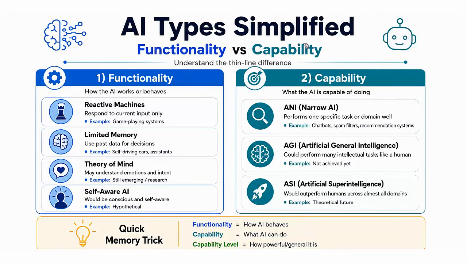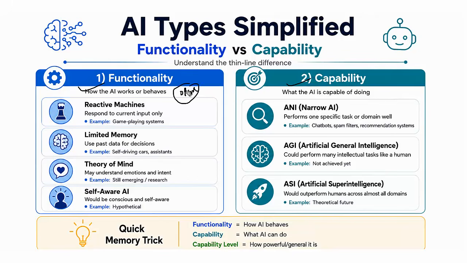What we did here is that we have divided AI into two sections. One is called the functionality level and one is called the capability level. Functionality explains how AI is going to work or how AI is going to operate.